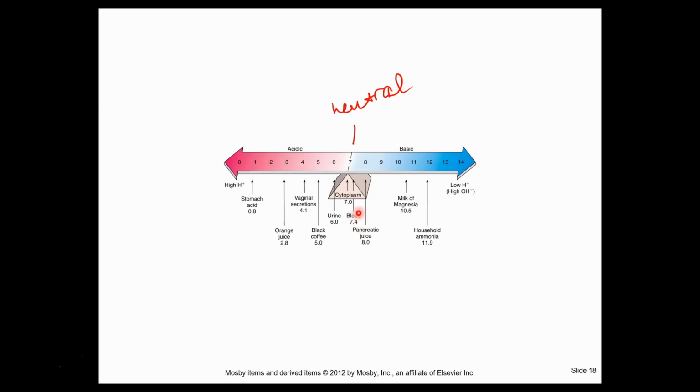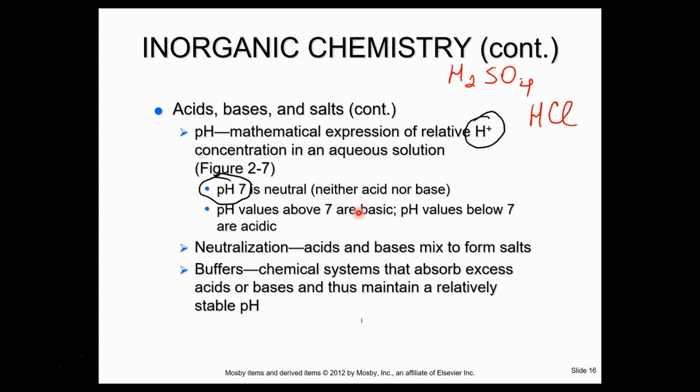Our body will actually do everything possible to maintain this pH, because this pH is important for our life. It's critically important, this range of the pH, for the chemical reactions to take place. And so the body will use several mechanisms.